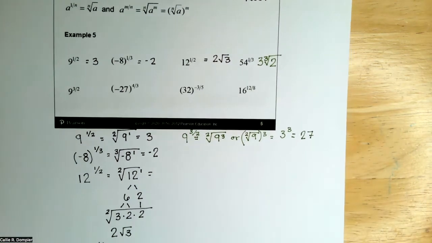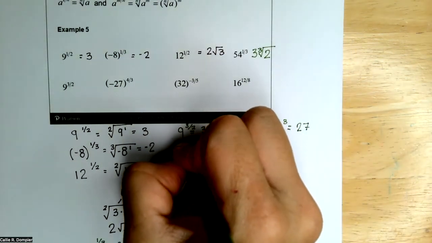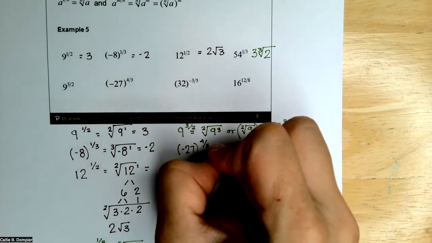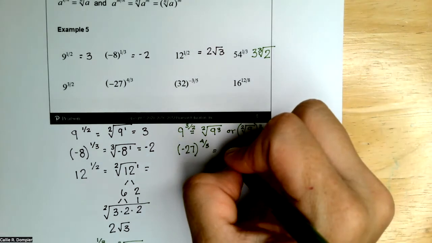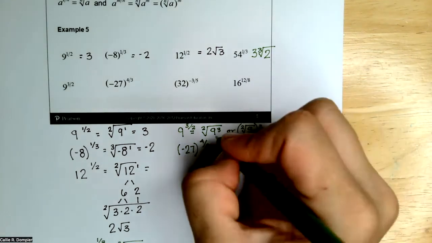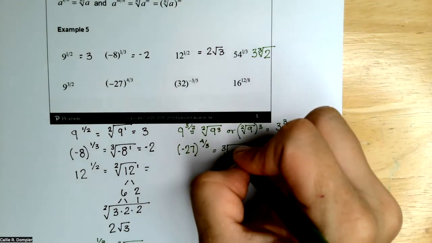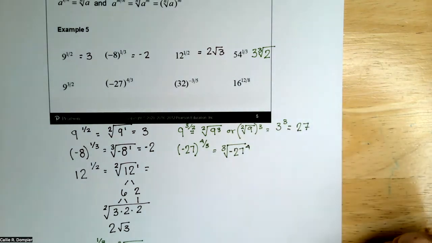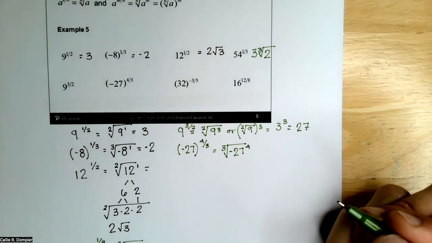All right. The next one is a negative 27 to the 4/3 power. So my index is 3, my base is negative 27, and I'm raising it to the 4th power. Good?